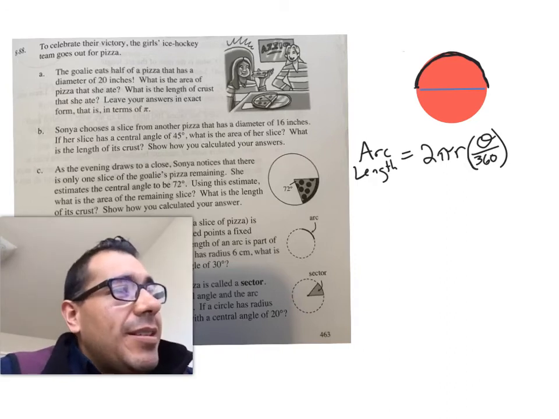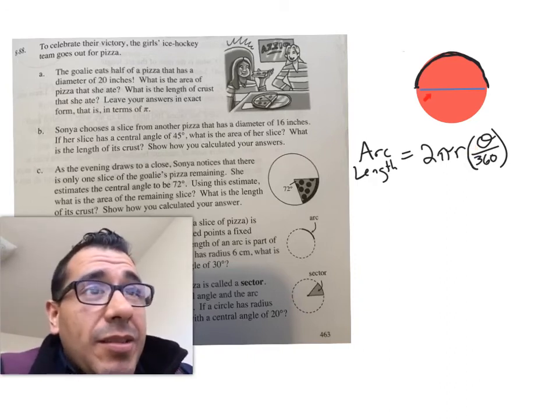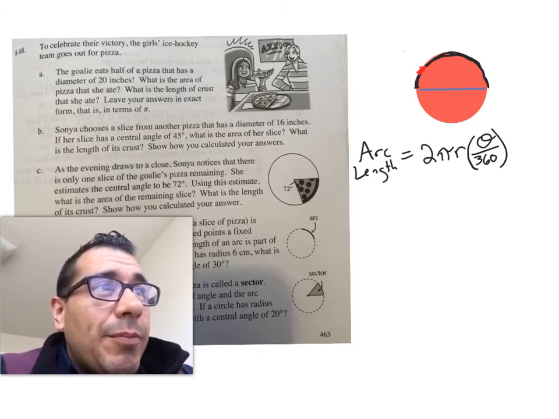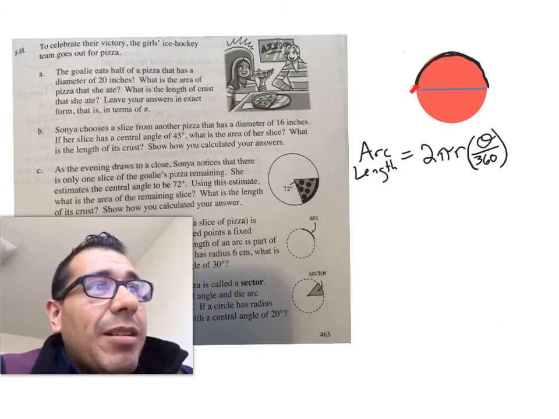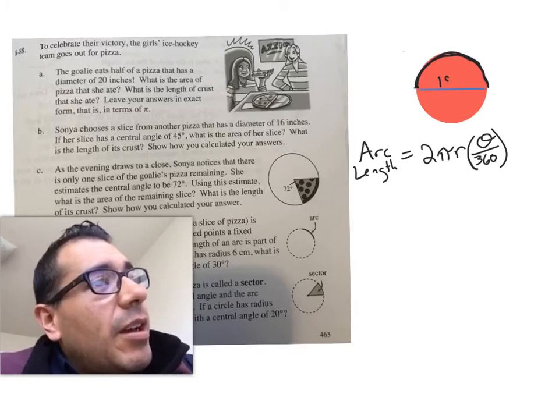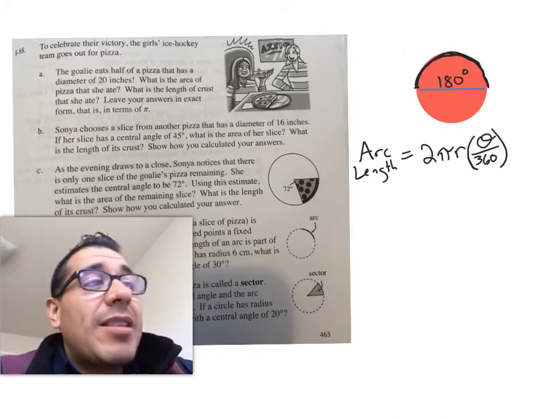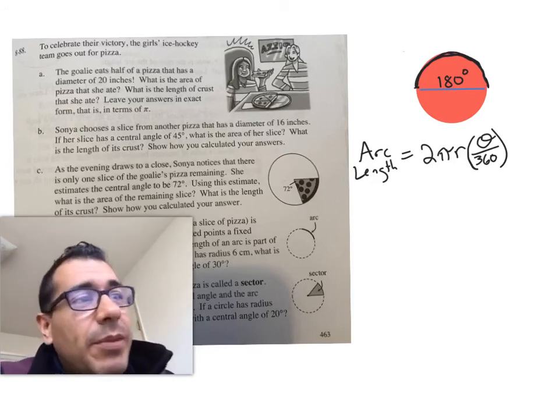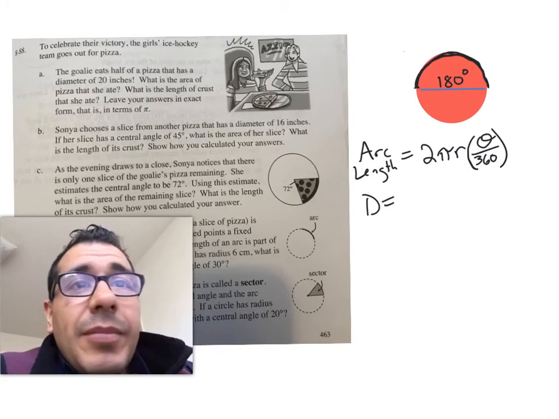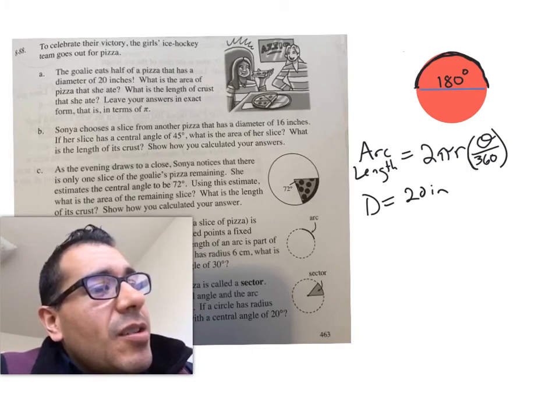And what we see is, in our formula, we need the radius, which we have, and we need the angle. But remember, look at our angle here. Whenever we have this straight line, we know we're dealing with 180 degrees. So that's our theta, right? That's the angle we're going to be looking at. And they gave us the diameter of 20 inches. So we know the radius we said is half of that.